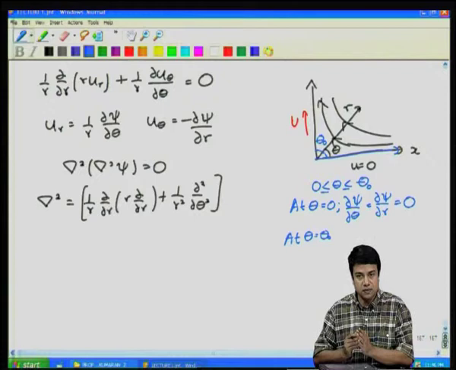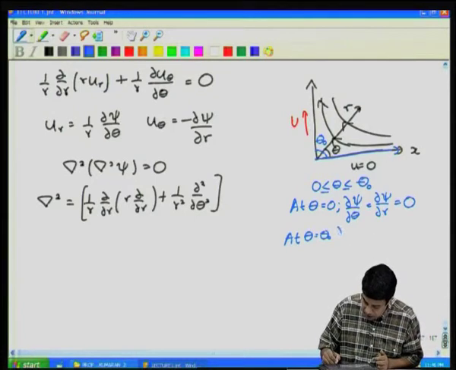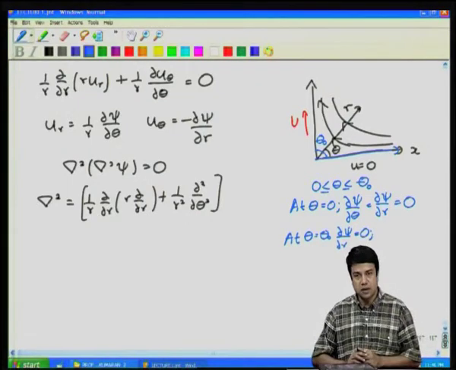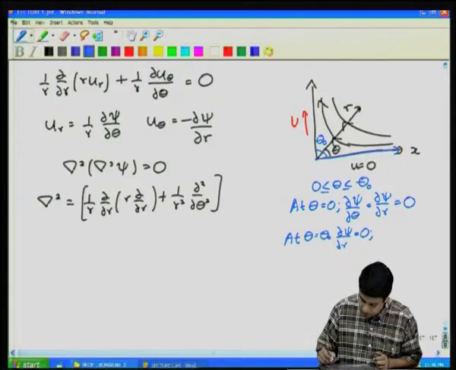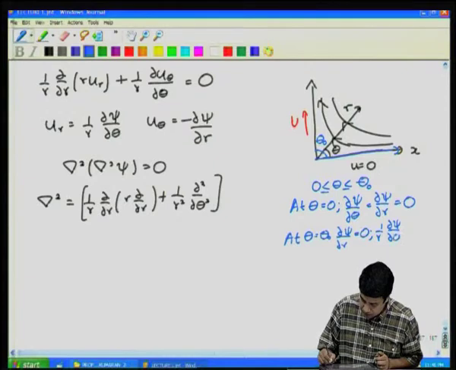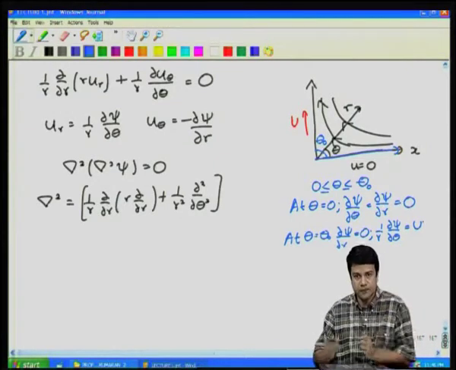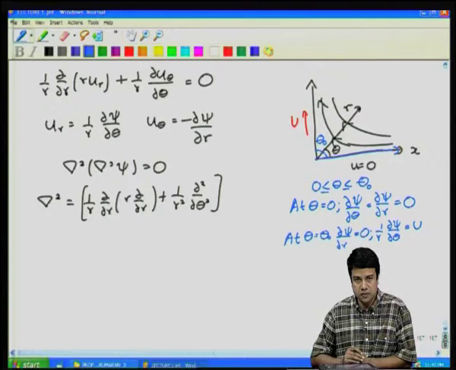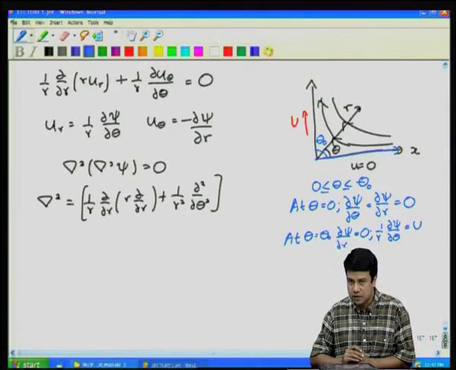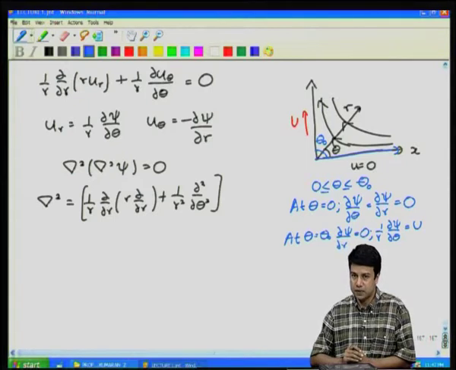So, u theta is equal to 0 means that partial psi by partial r is equal to 0, and u r is equal to capital U. That means that 1 by r partial psi by partial theta is equal to capital U. So, those are the boundary conditions.